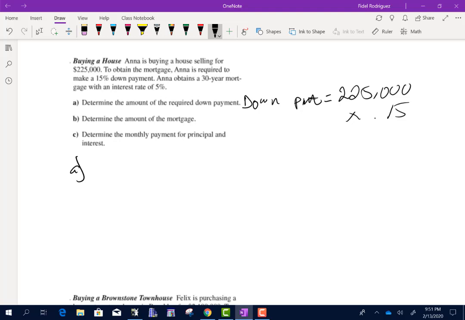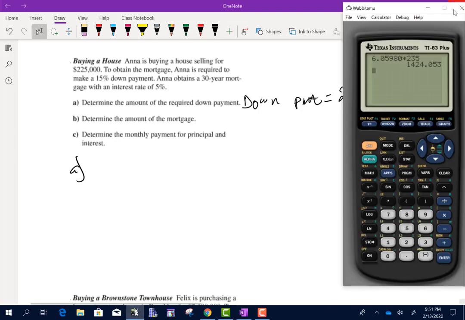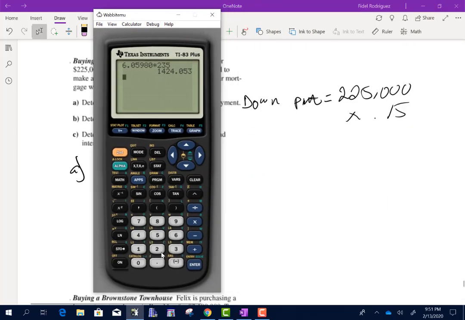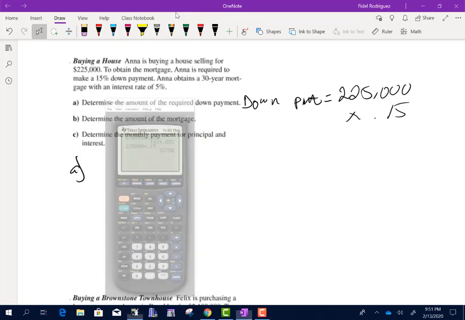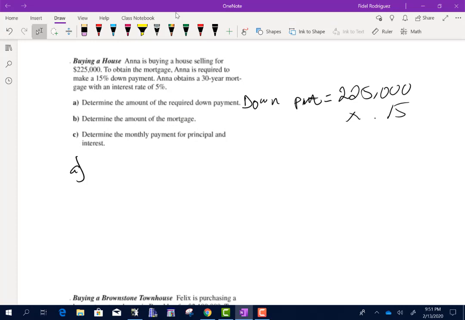So for part A, let me grab my calculator. Just move it over here a little bit. Okay, so I'll take 225,000 times 0.15. Okay, and I'm coming up with 33,750. I think we did something like that earlier. 33,750. Okay.